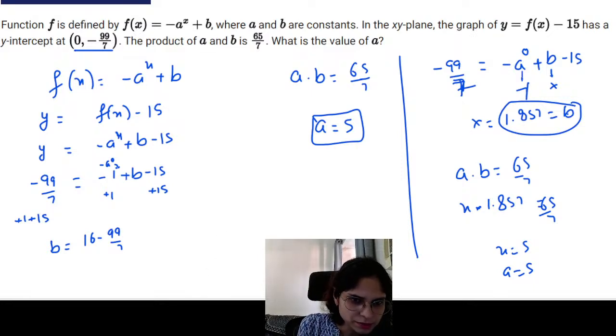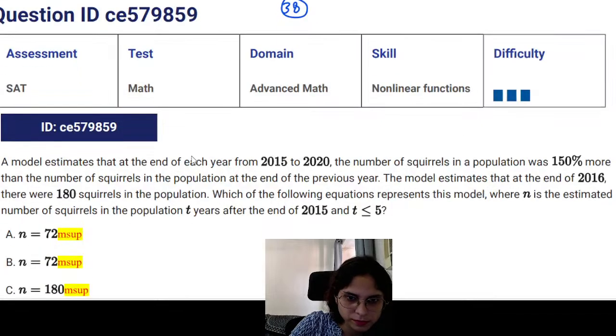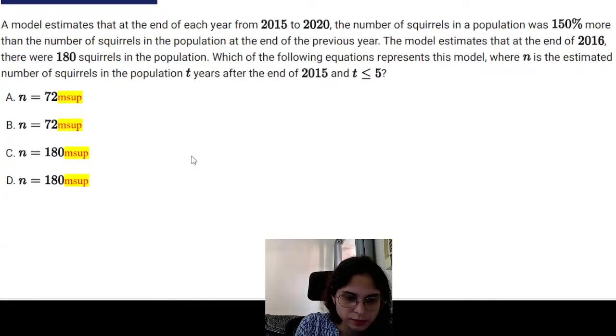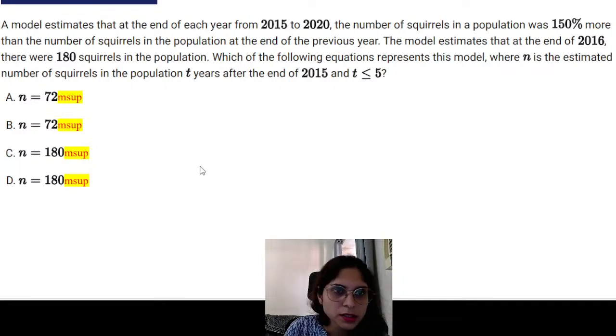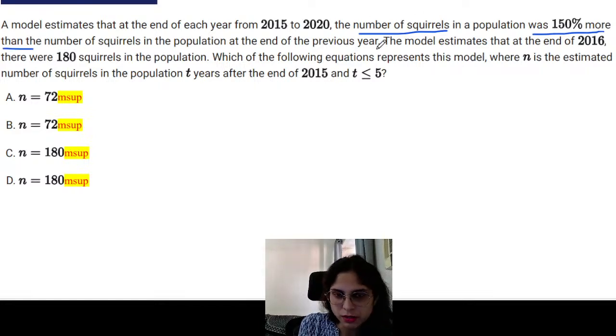Next one is 38. Yeah. So model estimates that at the end of each year from 2015 to 2020, the number of squirrels in a population was 150% more than the number of squirrels in the population at the end of previous year.